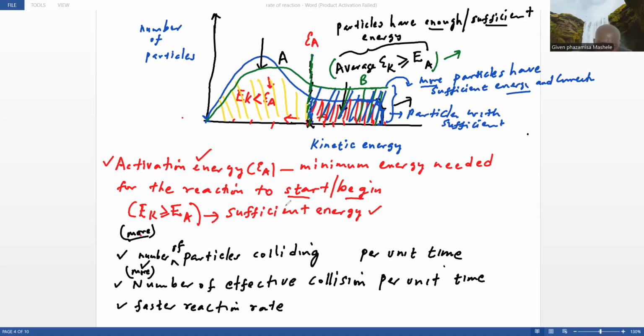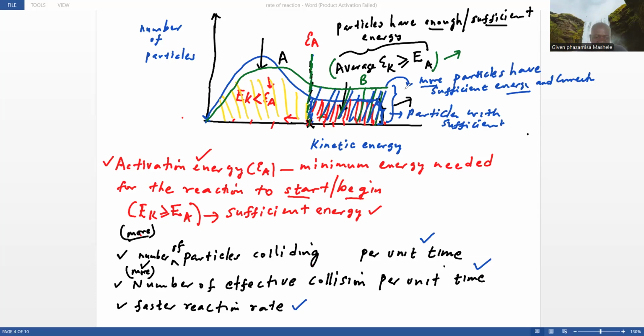And remember, if more particles have sufficient energy, the number of particles that are colliding will be more, and the effective collisions per unit time will be more. It means the rate of reaction will be faster. So reaction B reacted faster than reaction A. We look at the area where the kinetic energy is above the activation energy. The higher the area, the faster the reaction.